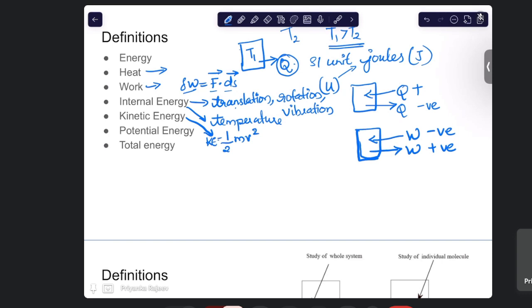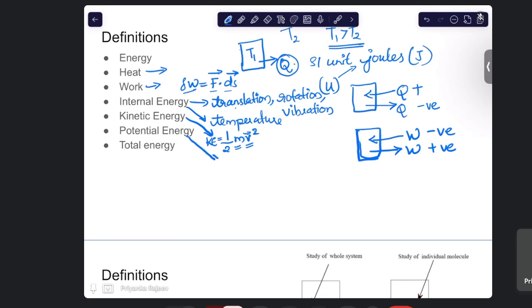So if a mass m is moving with velocity v, we calculate kinetic energy as half mv square.